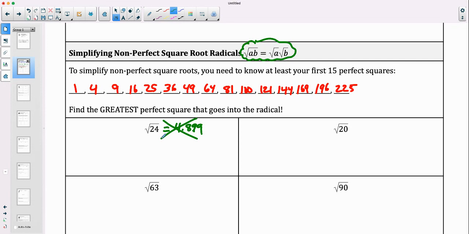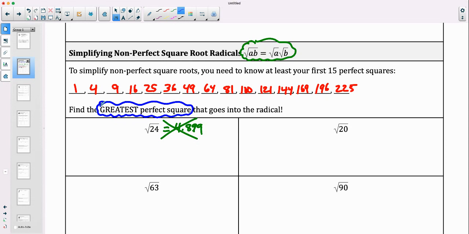What we want to do instead is we want to break that square root up. And what we do is we find the greatest perfect square that goes into that radical. So 24, since it's a decimal, we would break it down with a perfect square. So we'd look at that red list and see if any of those numbers go into 24.